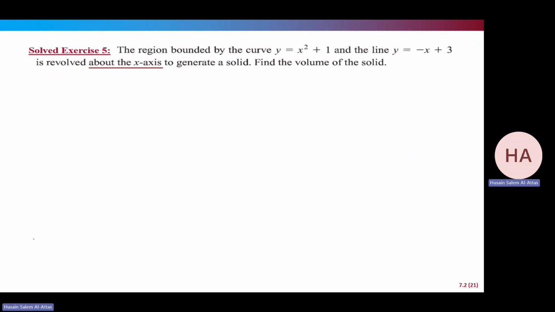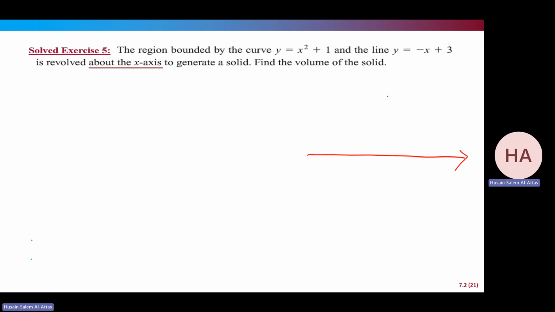Okay, so first I need to graph the region. So this will be my region. This is 1. This is x squared plus 1. And they have this axis.